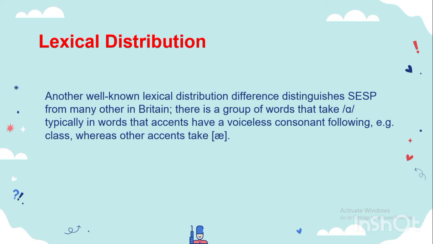Another well-known lexical distribution difference distinguishes SESP from many other accents in Britain. There is a group of words that take /ɑː/, typically words that have a voiceless consonant following, for example in the word class, whereas other accents use the sound /a/.